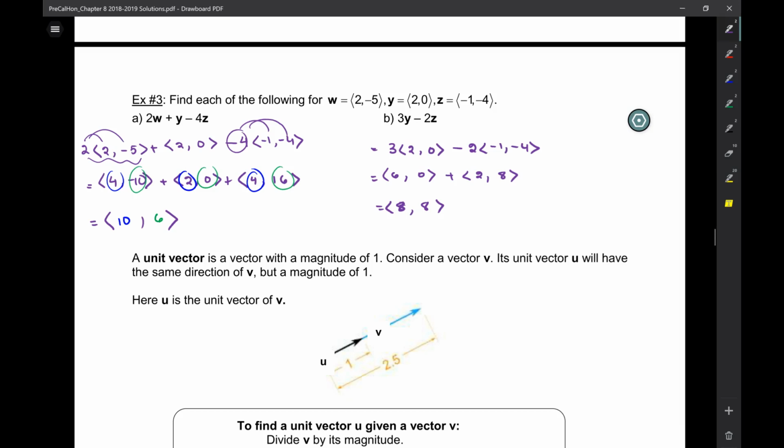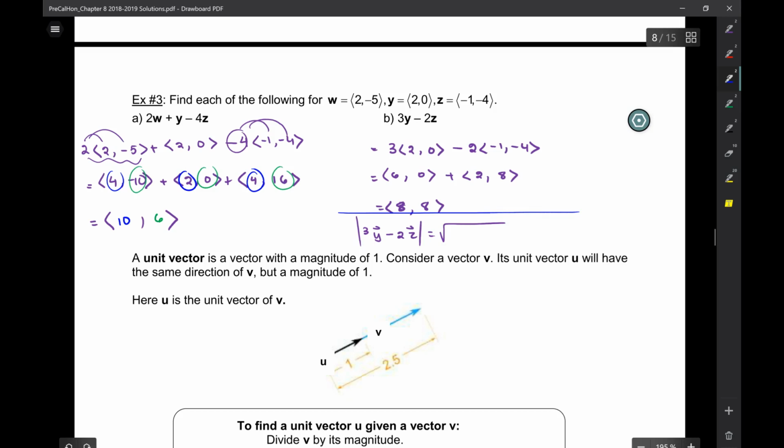Now, if we wanted to find the magnitude of that, what would it be? The square root of what? That's the one, 8 squared plus 8 squared.